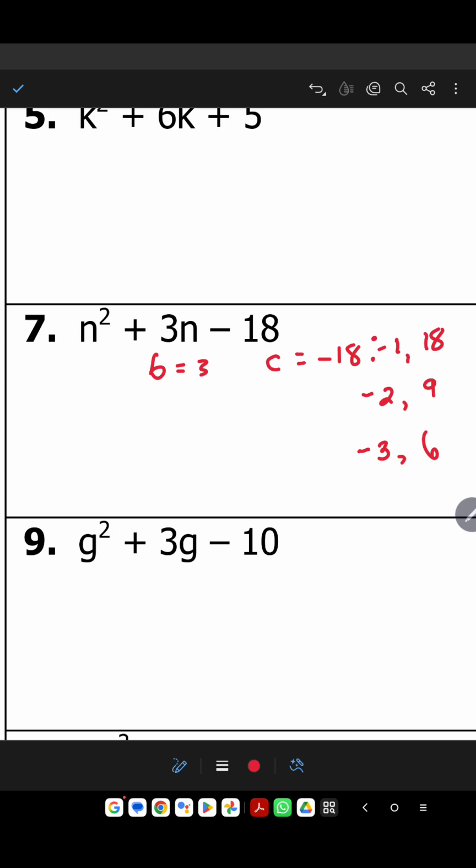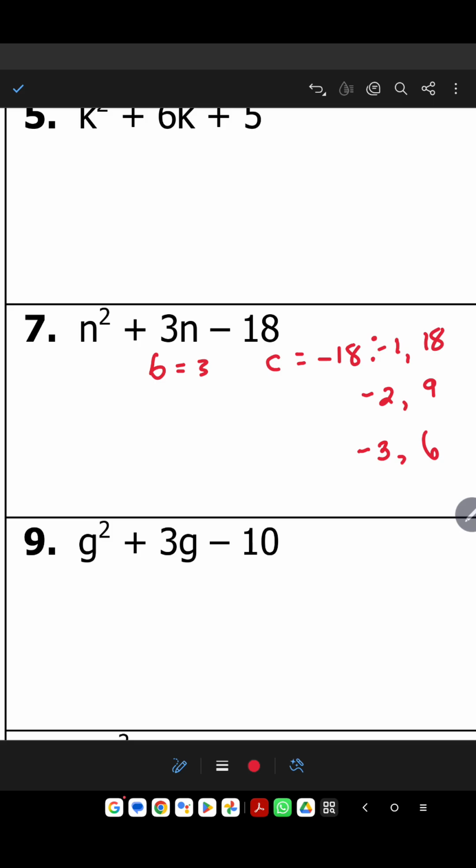Now, when you are adding a negative and a positive number, we look at the outcome. If you look at b, the outcome is 3, and 3 is a positive. So it means, therefore, that the larger numeral in this instance must be positive. If we add negative 1 plus 18, that would be 17. If we add negative 2 plus 9, that would be a positive 7.